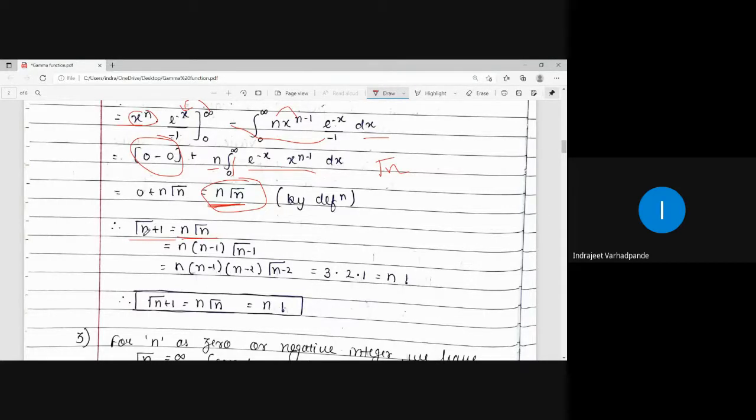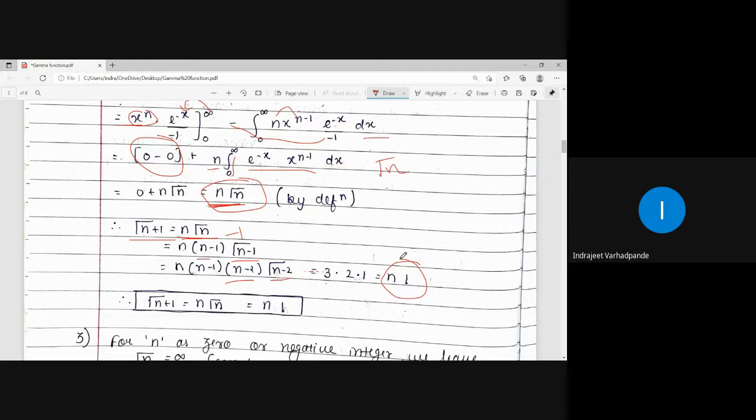Applying this rule, whatever the value is, it is decrementing by 1. So after taking gamma n out, it will be decremented by 1, that is, subtraction by 1. So n as it is, gamma n will be n minus 1 into gamma n minus 1. Then from n minus 1 there will be one more decrement, so n minus 2 into gamma n minus 2. Continuing like this, we get up to 3 into 2 into 1, which ultimately is n factorial.